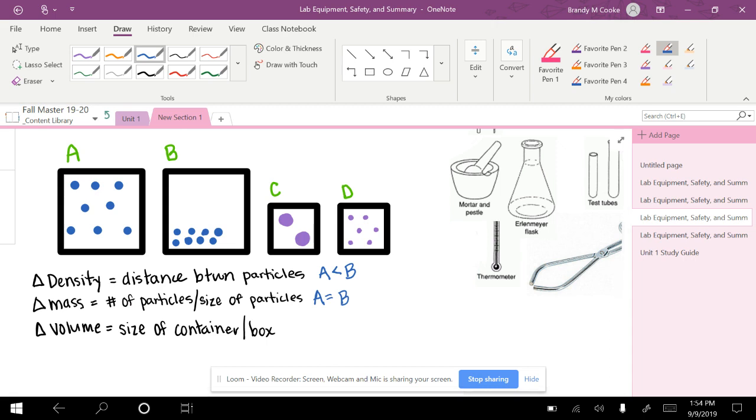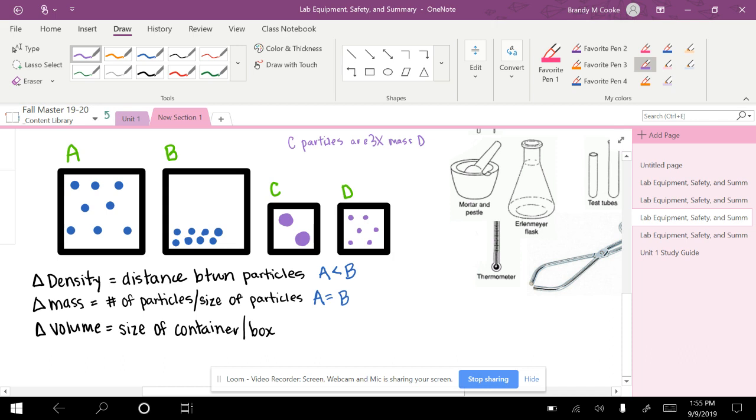Then looking at C and D, if you were given a question like this, you would need some more information. So let's say that the question told us that the C particles are 3 times the mass of D particles. So 1 C is equivalent to 3 Ds, okay?